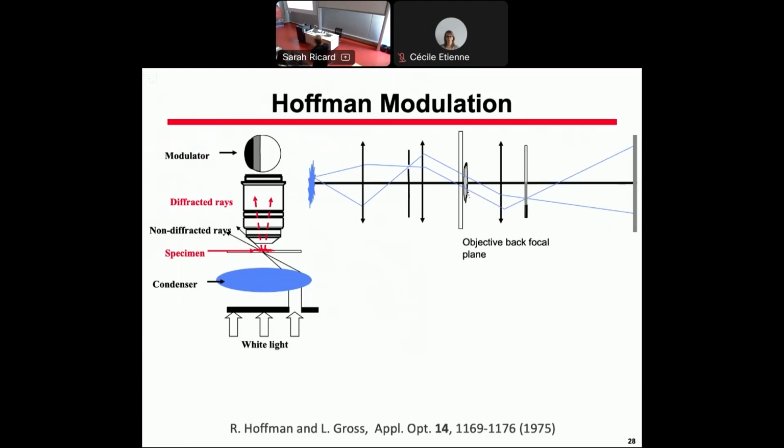If you look at the oblique illumination, you understand that the rays coming from the source are parallel with the objective, and they will cross here. Focus here.